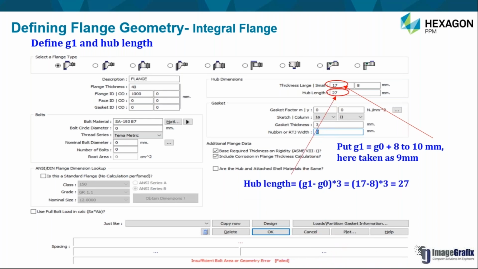So there are two criteria: one is the 1:3 slope, and the other is that the hub length h should be greater than or equal to 1.5 times G0. Now, will the 12 mm hub length we calculated be okay? Mostly, weld neck flanges are used where radiography is preferred, and it is difficult to have such a small space to conduct the radiography.